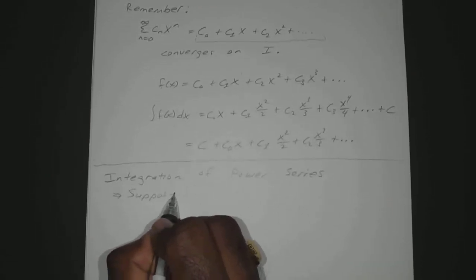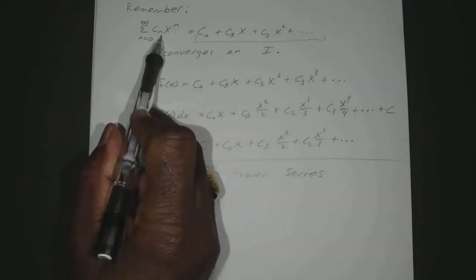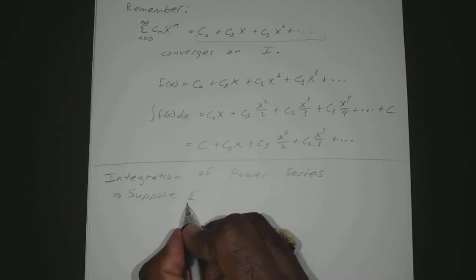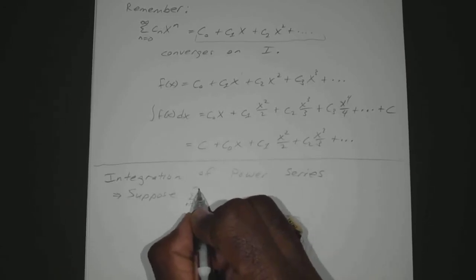is what if we suppose that instead of x to the power of n, we're going to have x minus a to the power of n, since it's the general description.